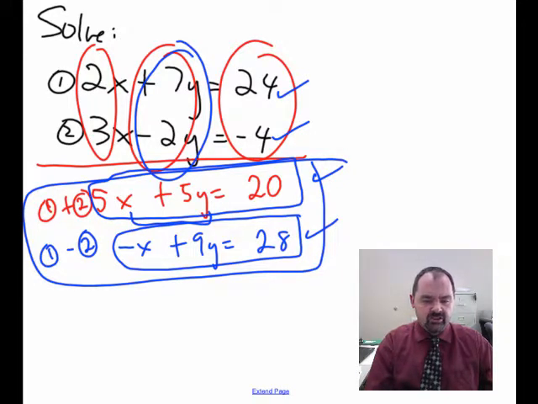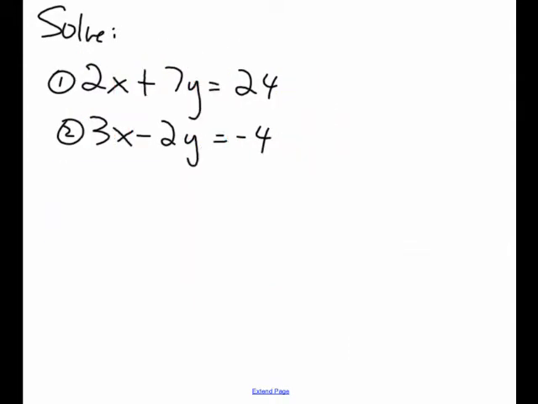So what I want to do is add or subtract these two equations together to get an equation that has one variable. So let's go back to a clean slate here. What would cause one of the variables to disappear would be if these numbers were the same or opposites, or these numbers were the same or opposites.